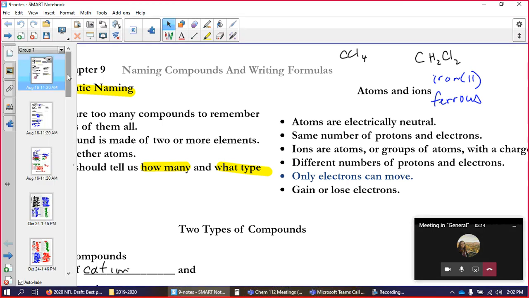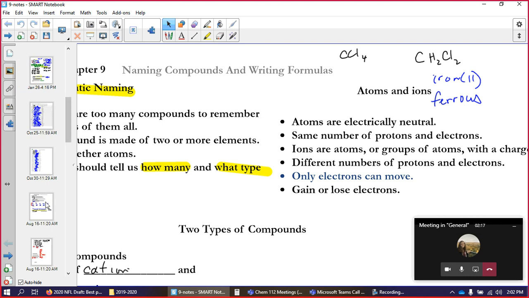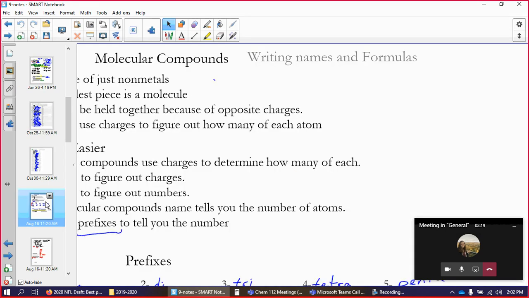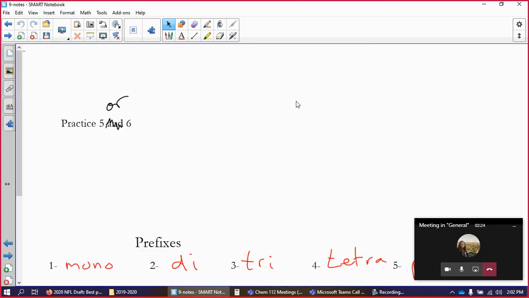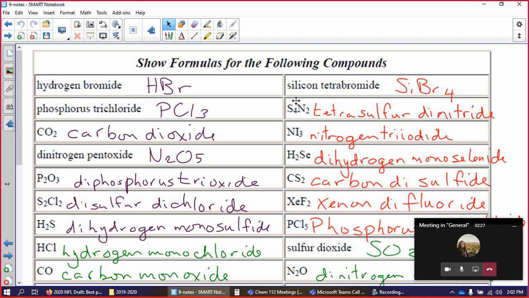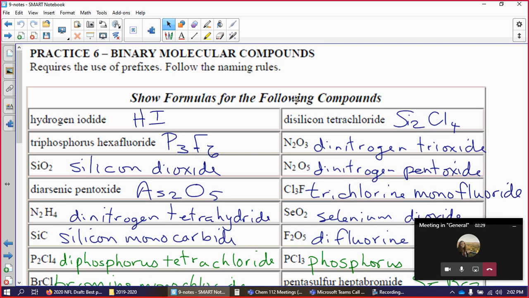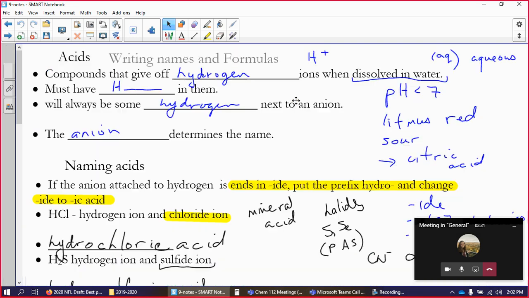All right. Naming. We've done all sorts of stuff. We did ionic compounds. We've done molecular compounds. We've done acids yesterday. I don't generally bring up bases, in case anyone was wondering, because for the most part, bases are metal hydroxides, which is just any metal, whether it's a main group or transition metal, with an OH, the hydroxide polyatomic ion.